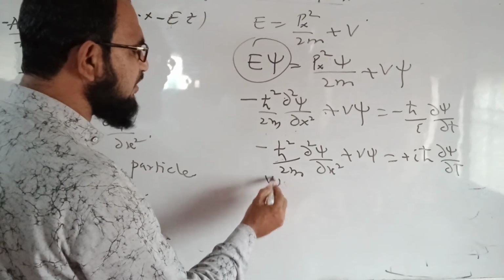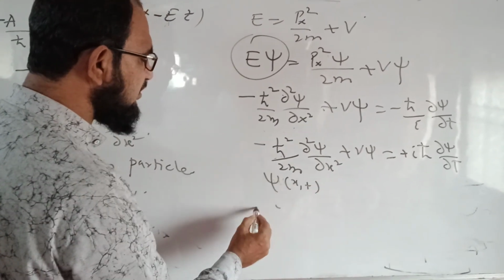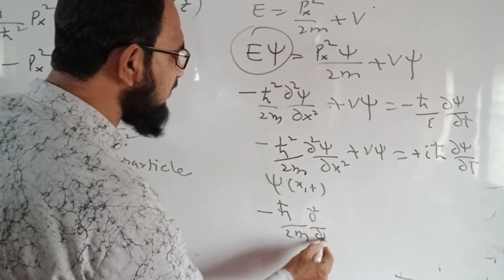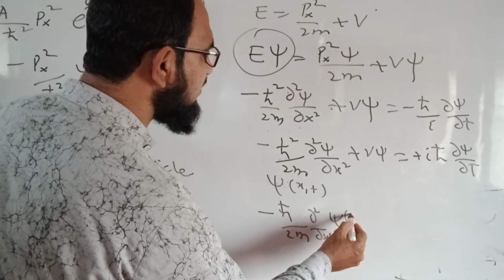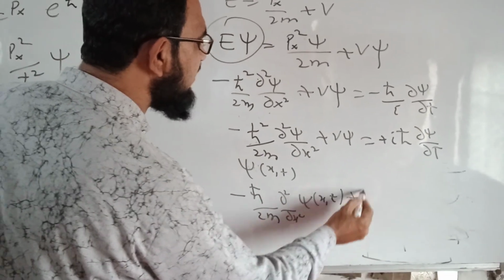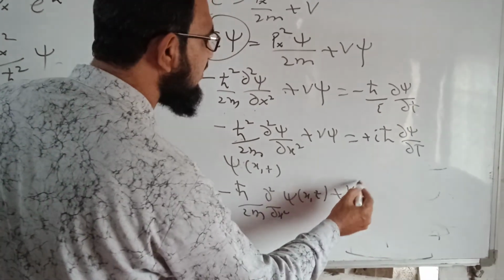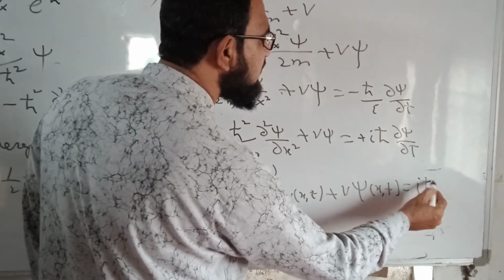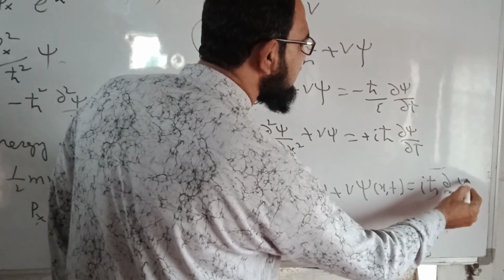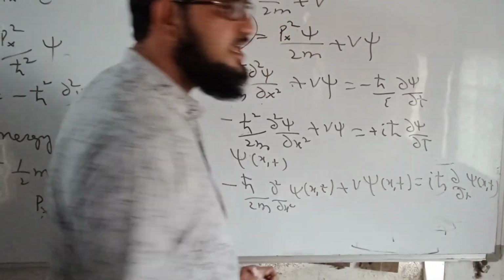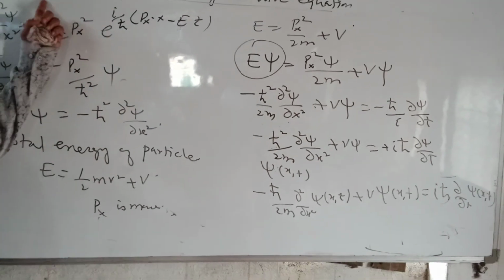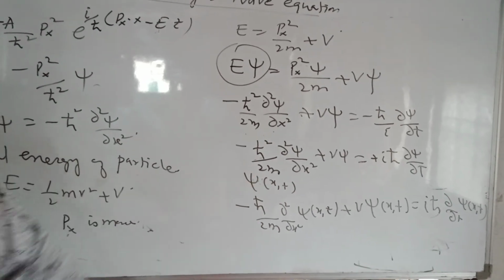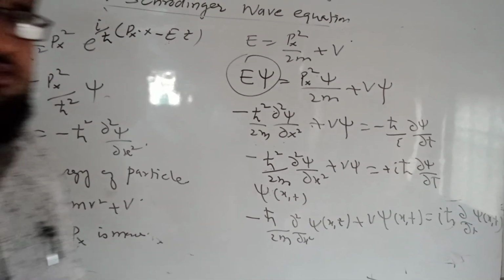Or psi can be replaced as a function of x and t, therefore equation will become minus h cross square upon 2m dou 2 by dou x square psi(x,t) plus V psi(x,t) is equal to i h cross dou by dou t of psi(x,t), which is known as the Schrodinger time dependent equation. So thank you very much.